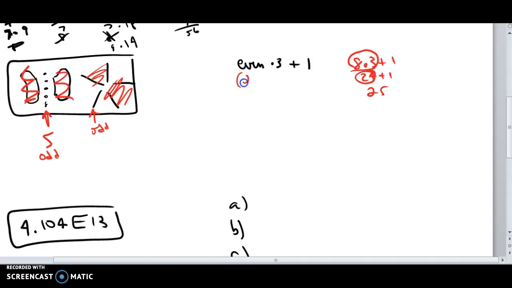If we look at this from algebra, an even looks like 2x, always has a factor of 2. And so then if I multiply this, I get 6x plus 1, which is just 2 times 3x plus 1. And again, remember, if you have a factor of 2, it's even. So this is guaranteed to be even, and the definition of odd is 1 more than that. So this always is going to have to be odd.